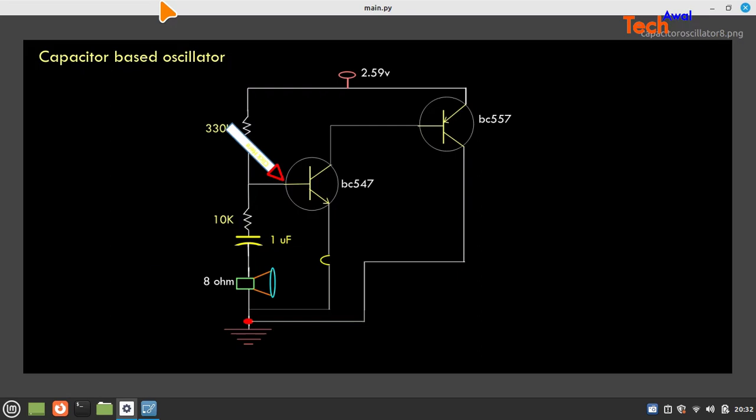Okay, so here we will connect the capacitor, the collector, to the sink, and then we will see how it is.